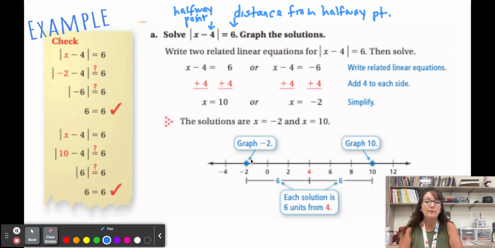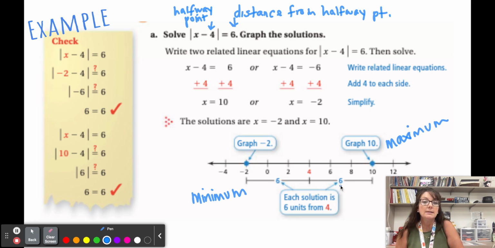So if we were to graph them, they're the extremes. This would be the minimum value, and this would be the maximum value. 2 different extremes, right? But notice that the 6 is how far away the maximum number 10 is from 4.